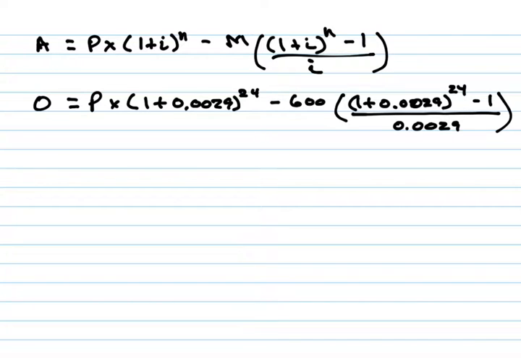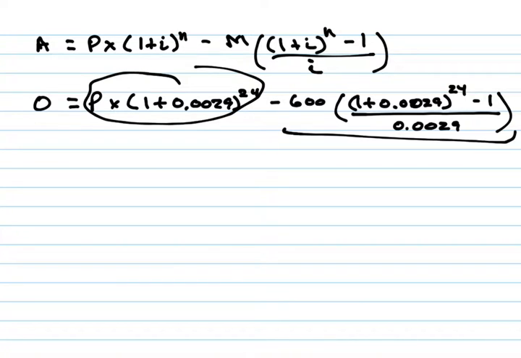Okay. Now, here is my unknown value. I can't solve for P without first getting the P term by itself. So remember, just basic algebra. If I want to get this by itself, then I need to move this stuff first. Well, that's all one term. So how do I move subtraction? I'm going to add it to both sides.